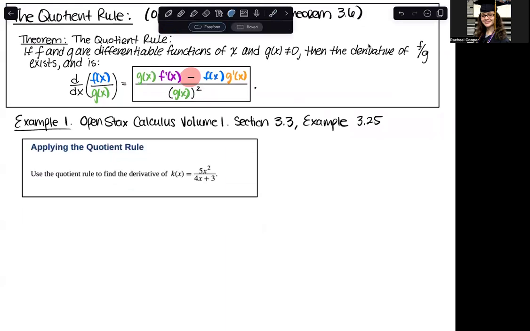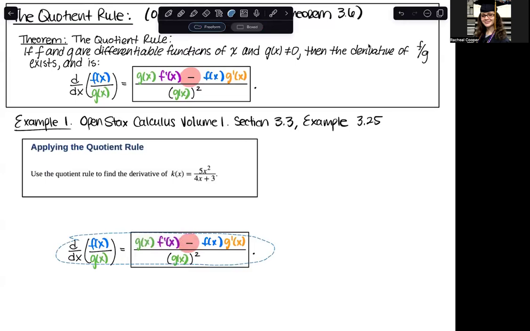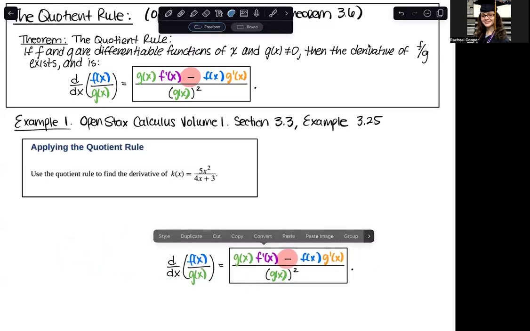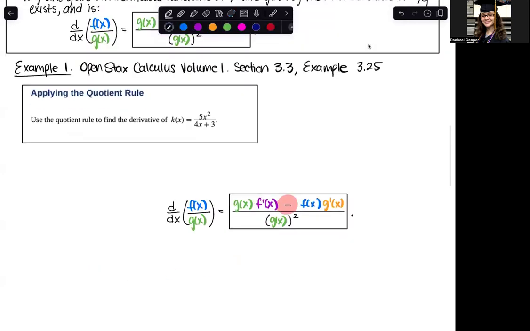So here, I again encourage you to rewrite your derivative rule every time you need it. And in this case, we are finding k prime by differentiating the expression k, 5x squared divided by 4x plus 3.